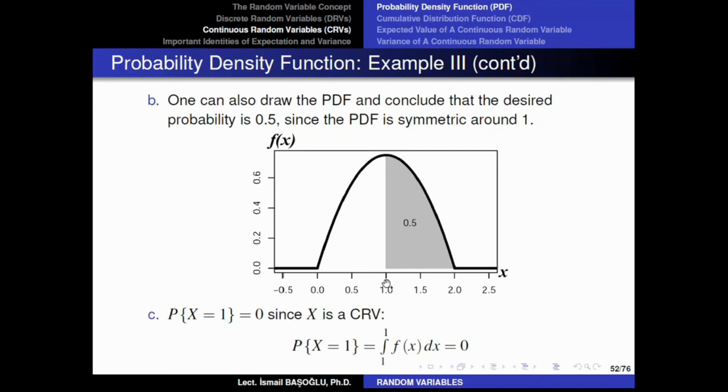If you draw the PDF, without any need to take the integral, you can understand that because the function is symmetric around 1, the area on the right-hand side of 1 should be 0.5, whereas the area on the left-hand side, this white area, should also be equal to 0.5. So you can also say that the probability of x being less than or equal to 1 is also 0.5.